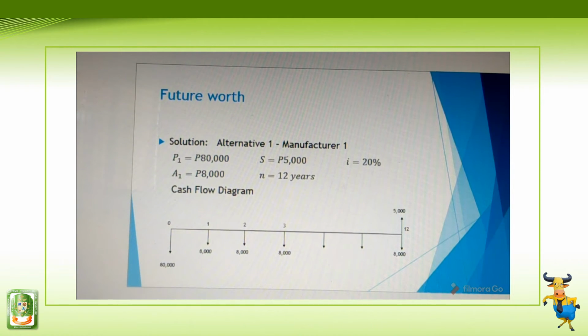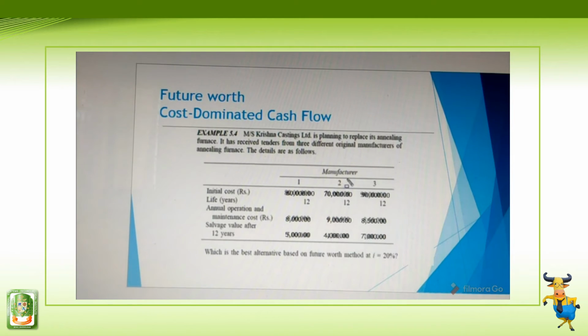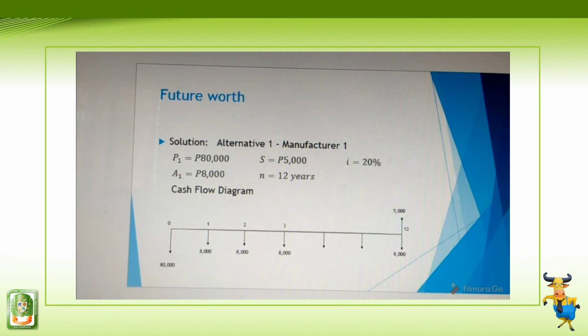It has a given P, or the present value, of their initial cost of 80,000. It has an annual cost of 8,000, the salvage value of 5,000. This is for 12 years with i equals 20%.